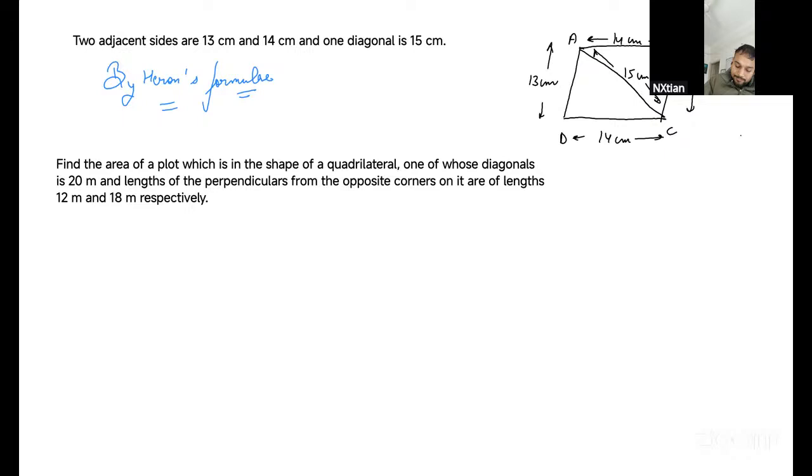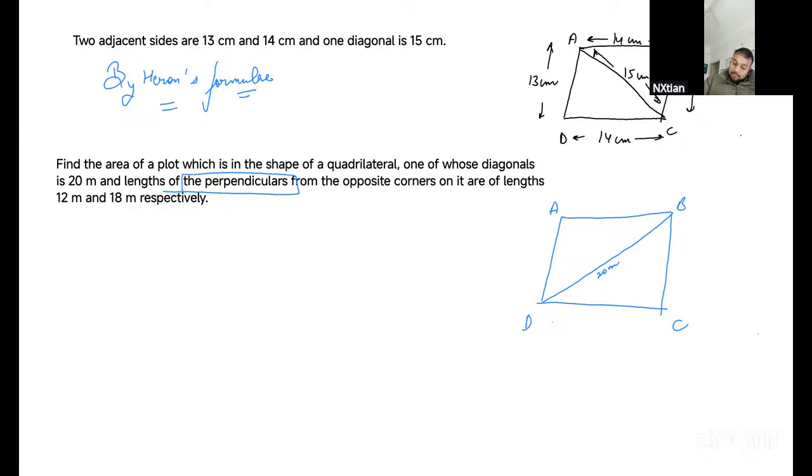So we have to make the diagram like this. A, B, C, D, in which BD is a diagonal, and whose diagonal is 20 meter. This is 20 meter, and the length of perpendicular is given, no?